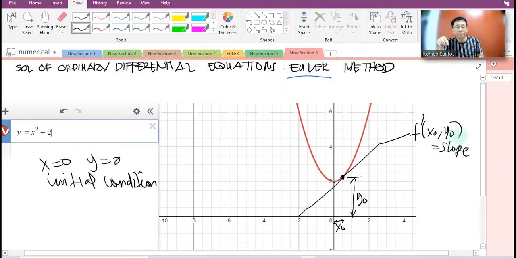Okay, so in the Euler method, let's say, what is the value of y, let's say yn, when x equals n? It means somewhere here.